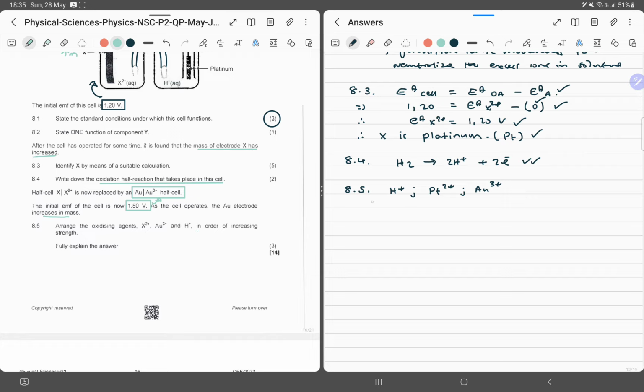Well, we know that gold, okay, we can just say H plus ions are weaker oxidizing agents than platinum 2 plus ions, which, okay, let's start here.